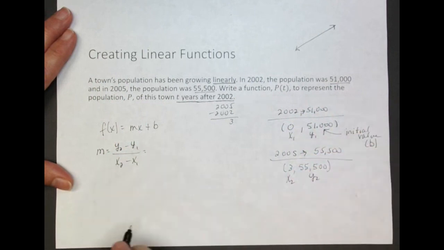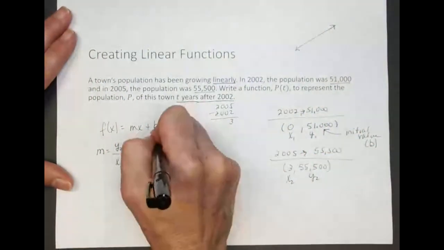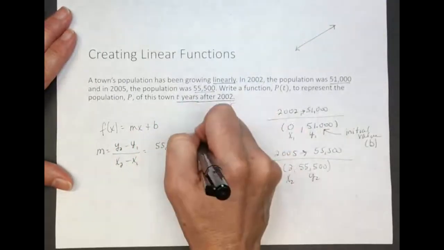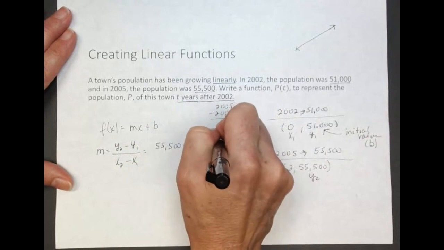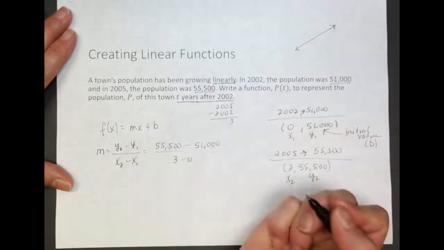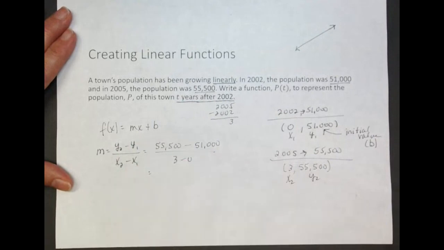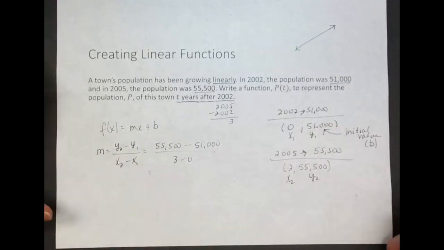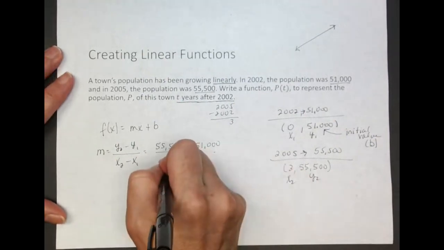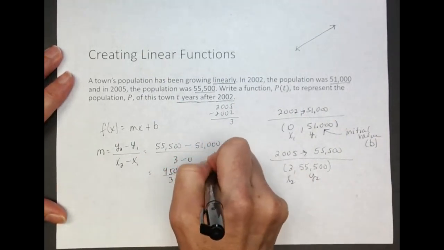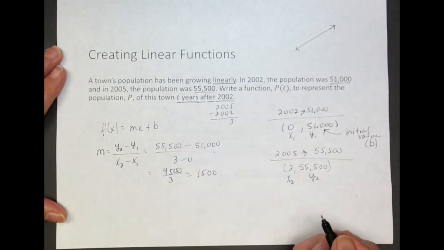So I want to say y2 minus y1 is 55,500 minus the 51,000 all over x2. That's 3 minus 0. Okay, so is that going to simplify to? Let's see, that's going to be 4,500 over 3, or 1,500.